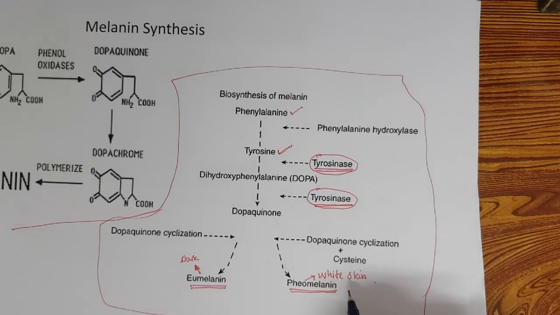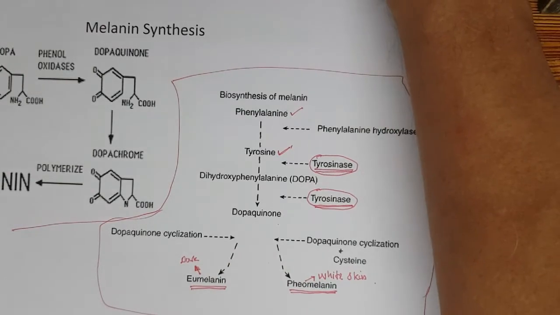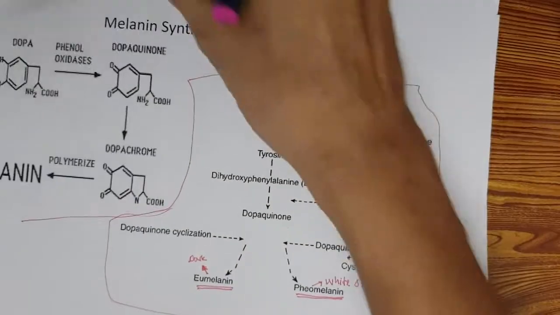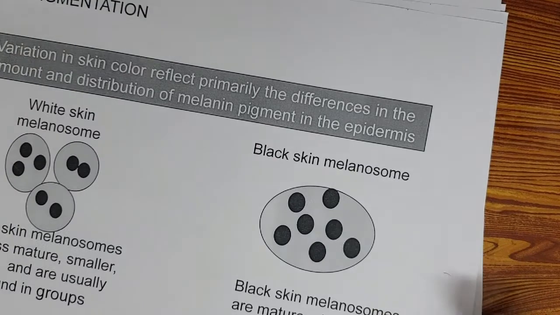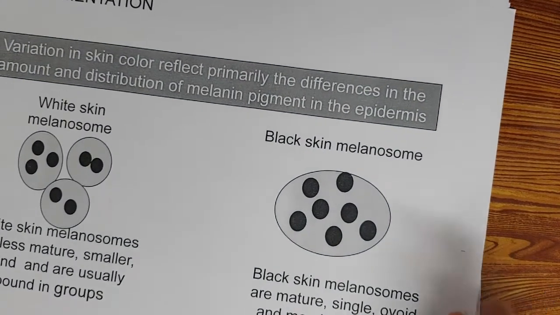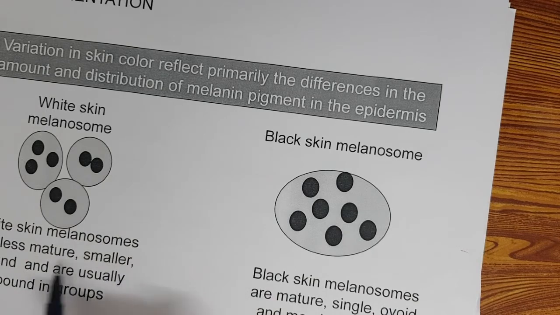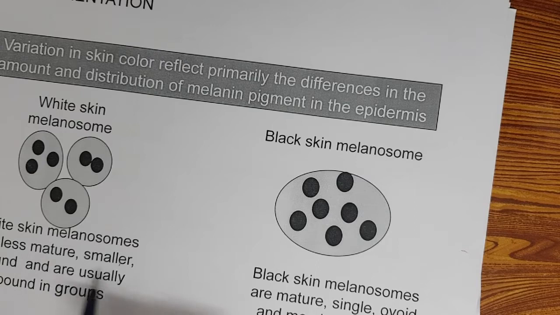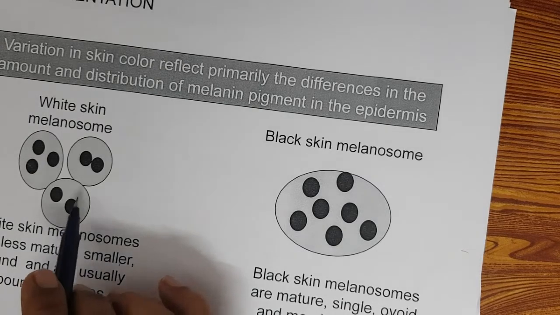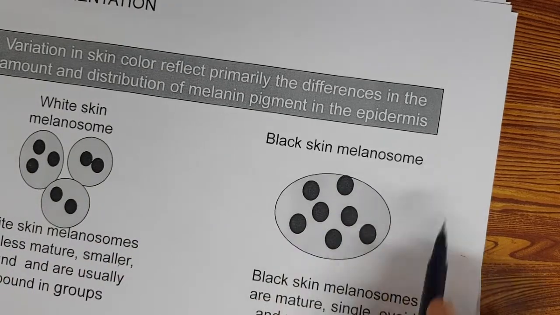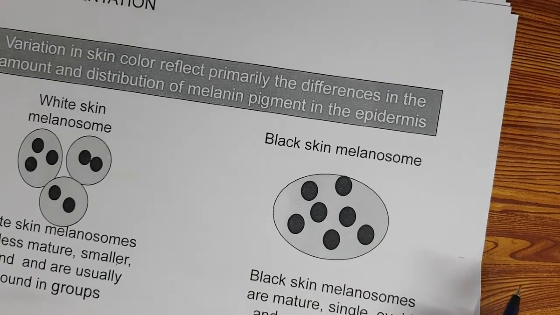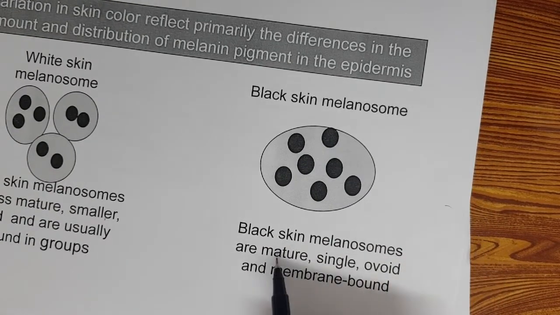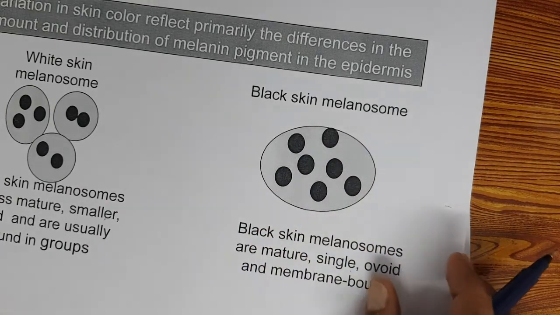Pheomelanin is in white skin and eumelanin is in dark skin. In white skin, melanosomes are less mature, smaller, round, and usually bound in groups. In black skin, melanosomes are mature, single, ovoid, and membrane bound.